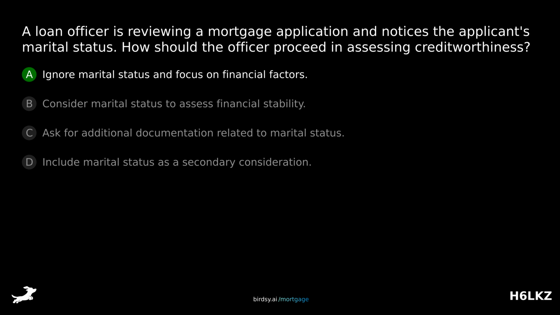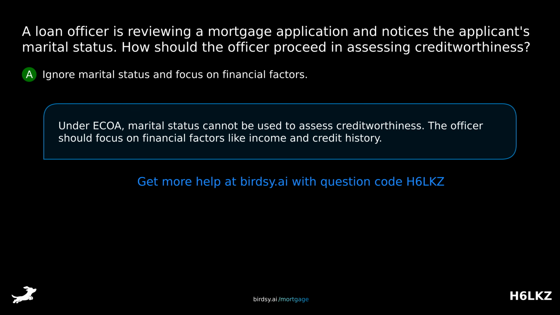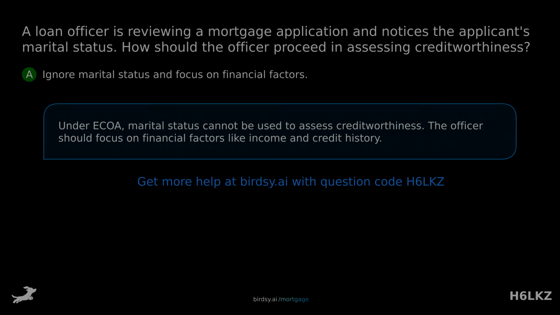The answer is A, ignore marital status and focus on financial factors. Under ECOA, marital status cannot be used to assess creditworthiness. The officer should focus on financial factors like income and credit history.